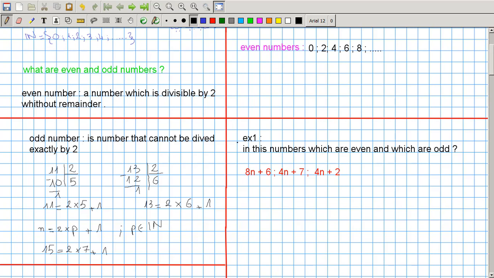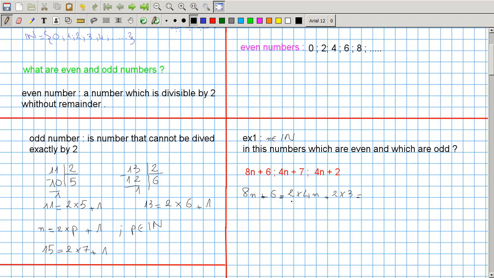In exercise 1, in these numbers which are even and which are odd: 8n plus 6, n belong to set of natural number. 8n plus 6 equals 2 times 4n plus 2 times 3.